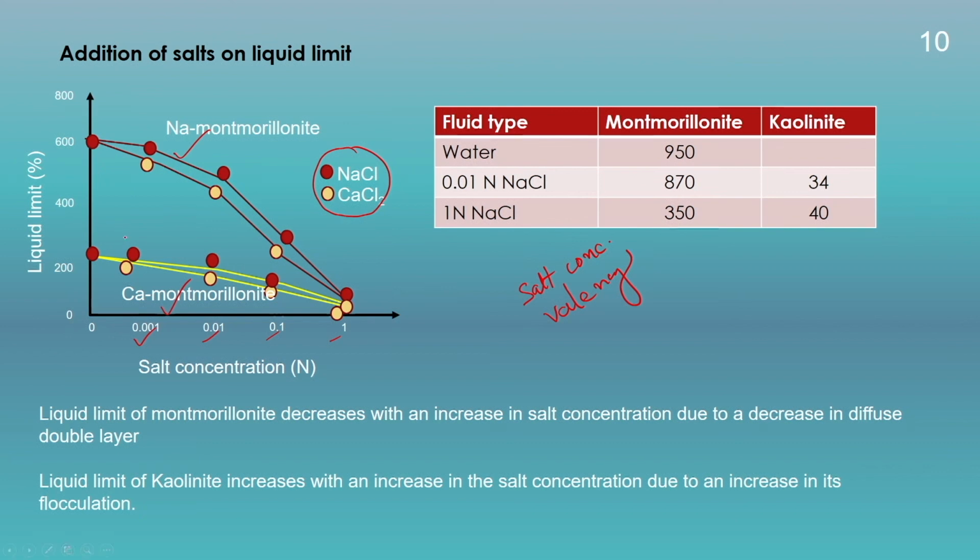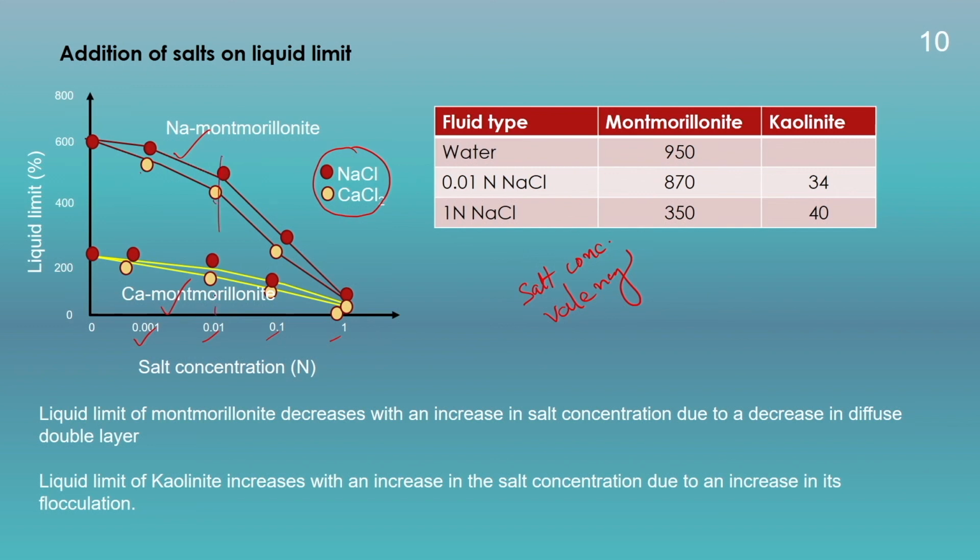When we plot the liquid limit of these two montmorillonites at different salt concentration, we can see that with increase in the salt concentration, the liquid limit of the soil is decreasing, and this decrease in the liquid limit is not uniform. For example, if we take sodium and calcium for the same concentration, the sodium will have a higher value of liquid limit in comparison to the calcium salt.